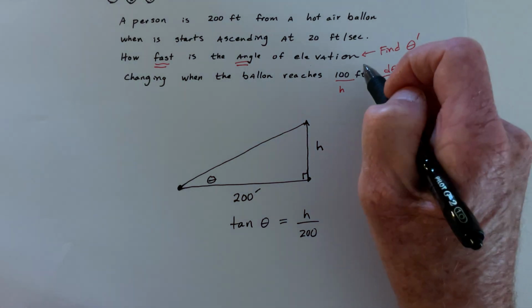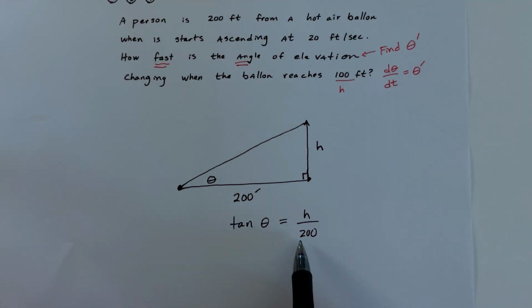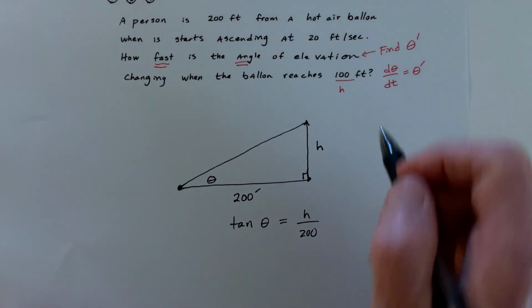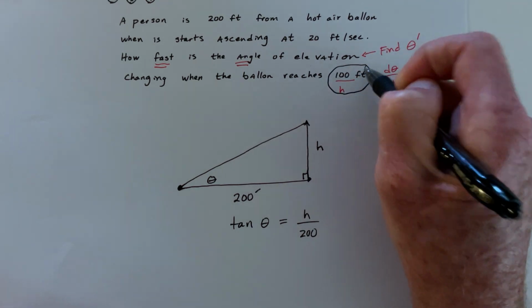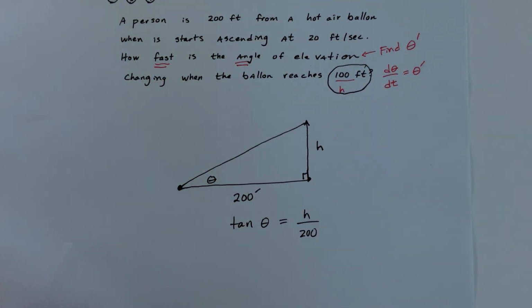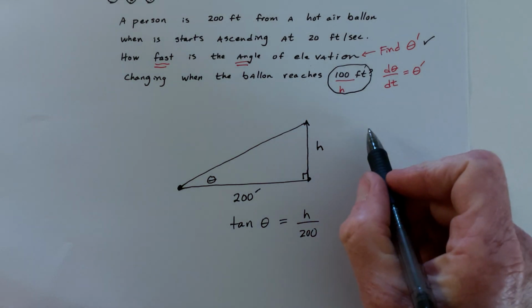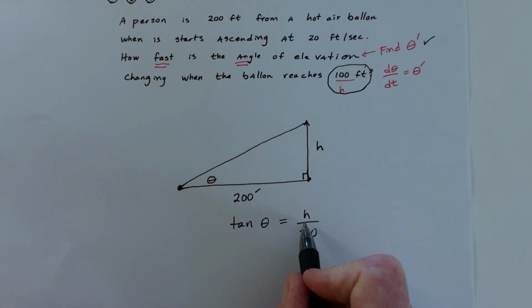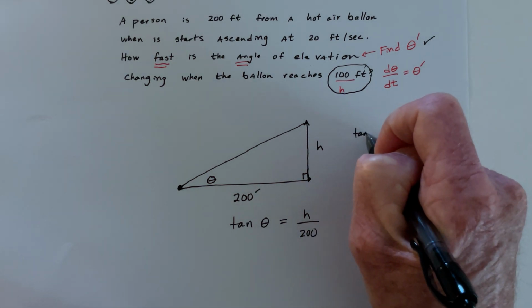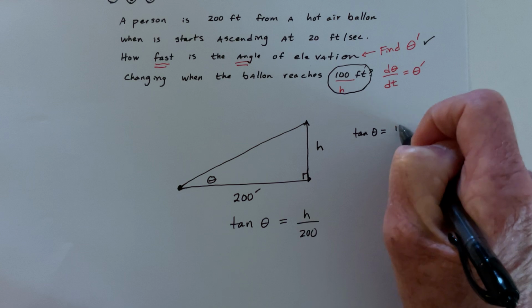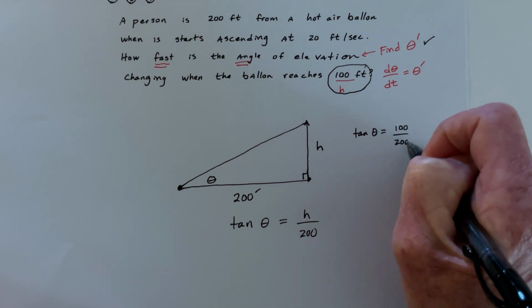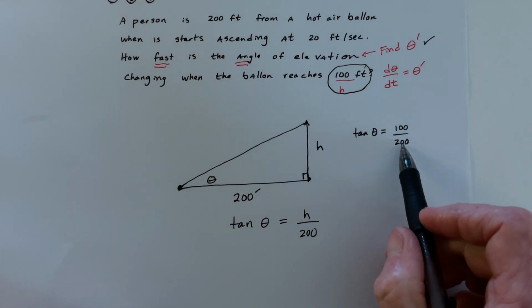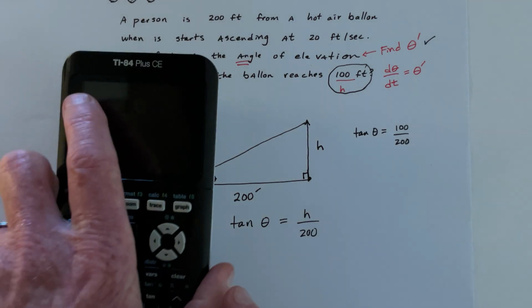Now I'm going to have to use this equation twice, one time to plug in the 100, and then another time to take the derivative. So I'm just going to do the trigonometry part right here. If I plug in 100 for h, that's going to be tangent of theta equals 100 divided by 200. And that means tangent equals a half.